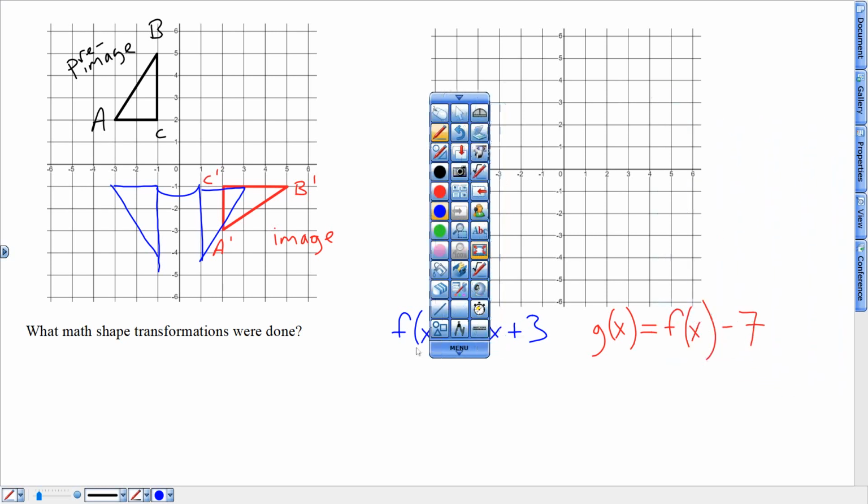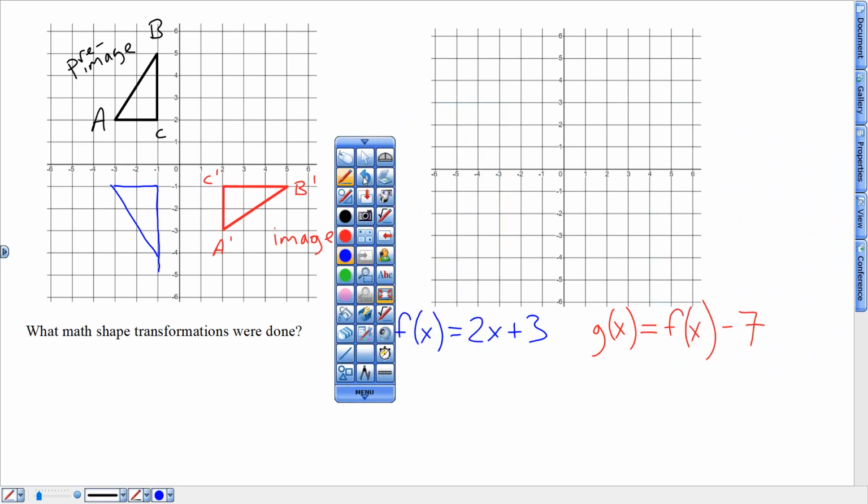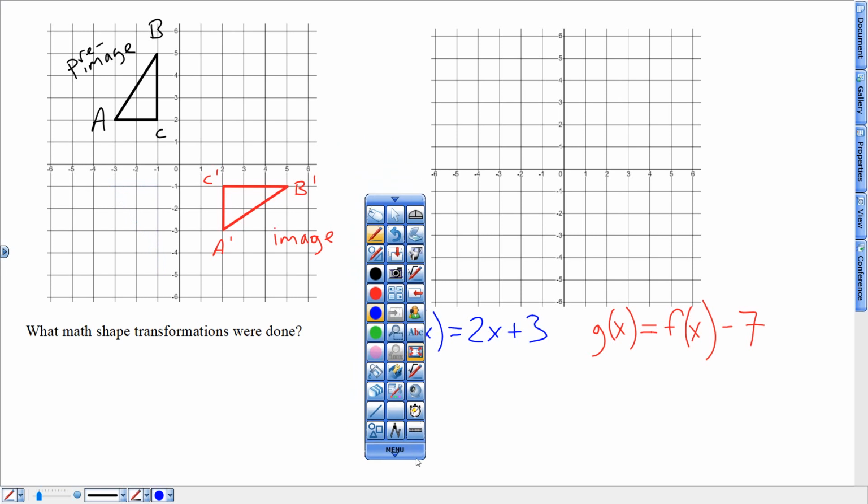But I'm thinking for this problem, the way I set this up to be successful, you are first reflecting across the y-axis to get here. And then you could see all these points rotate.